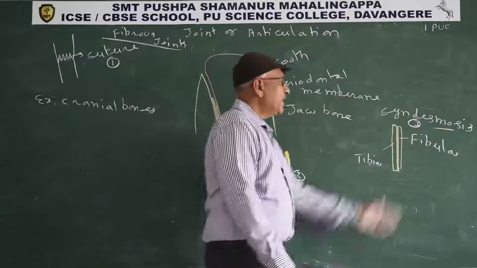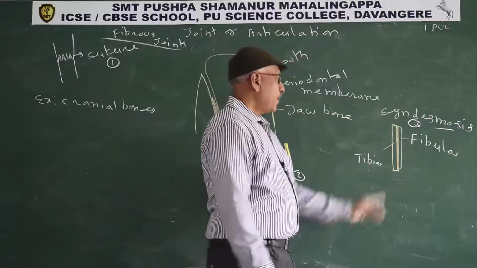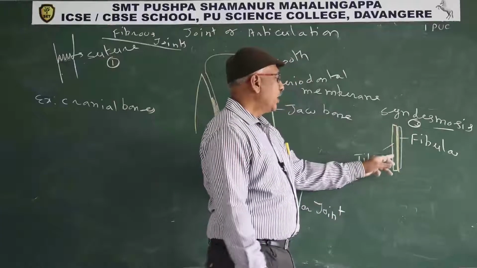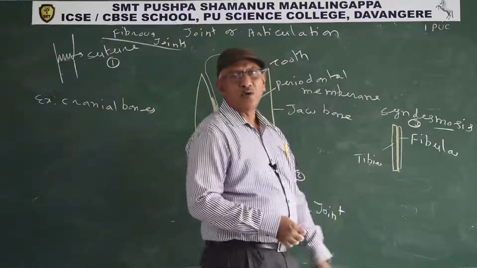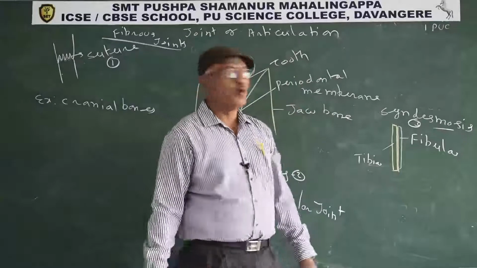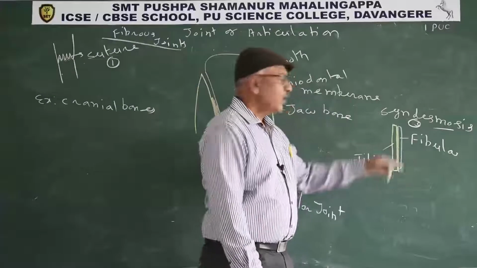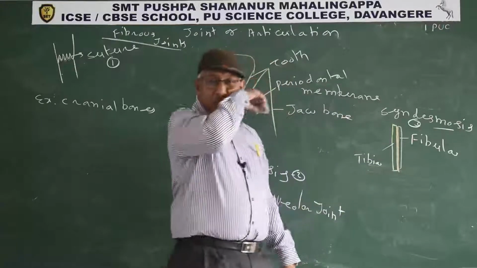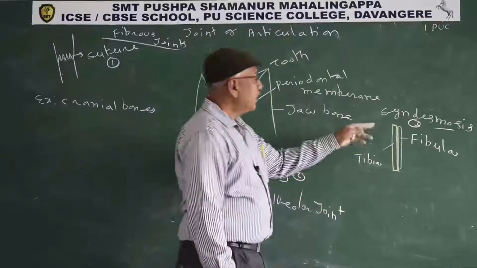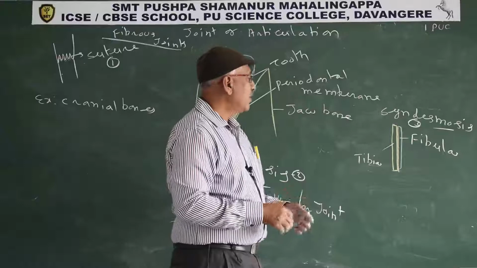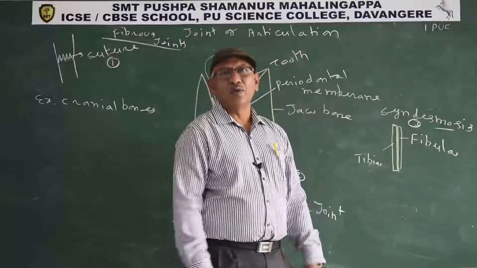Third one is syndesmosis. Here the joint is present lengthwise between the two bones. Tibia is one bone, fibula is another bone. Tibia and fibula are present in the shank. Between these two bones, the fibrous joint is present, the dense irregular connective tissue, and it is slightly movable.